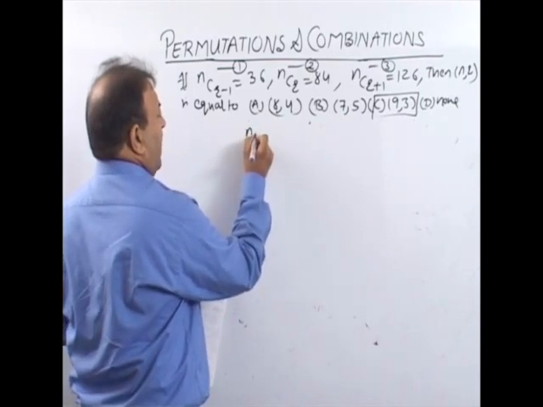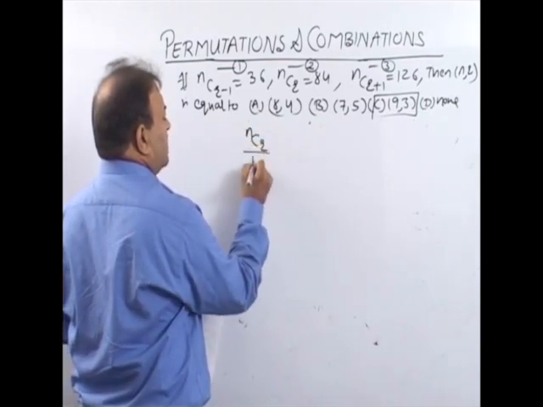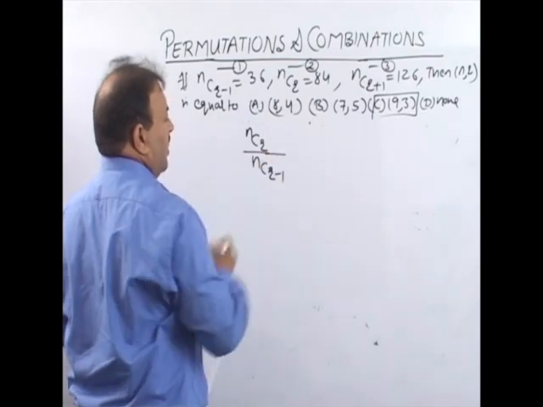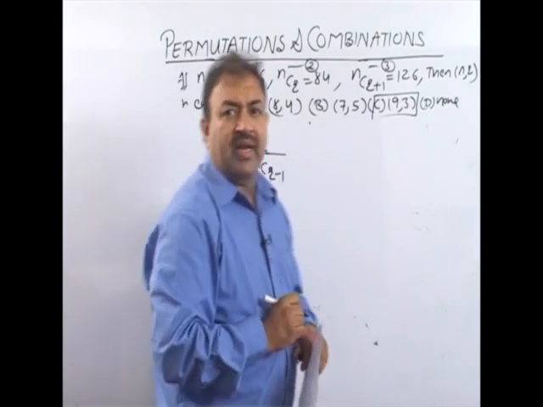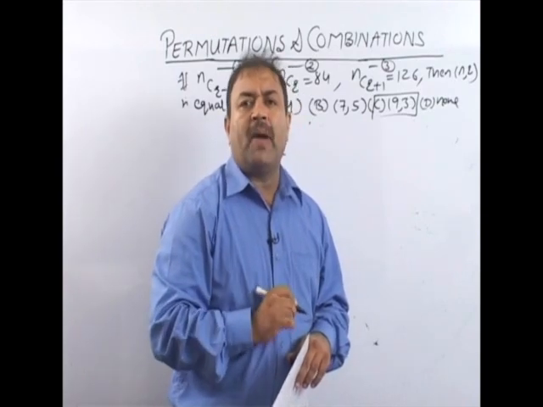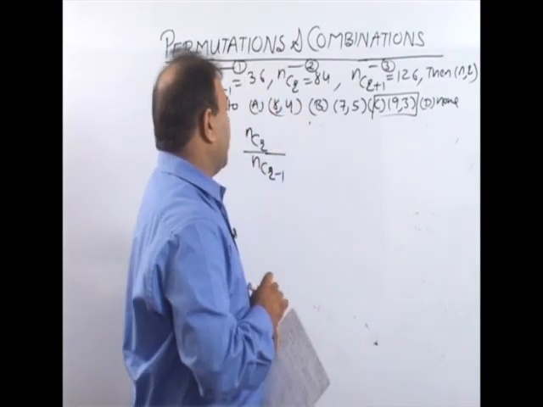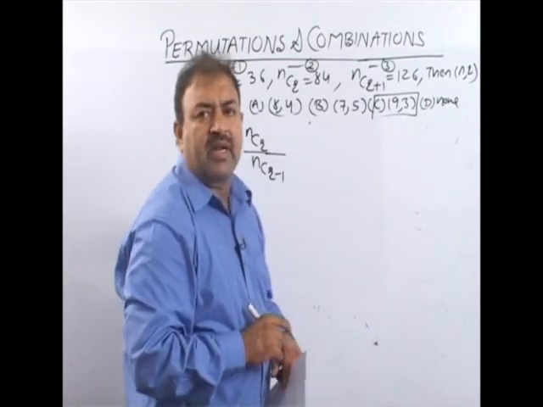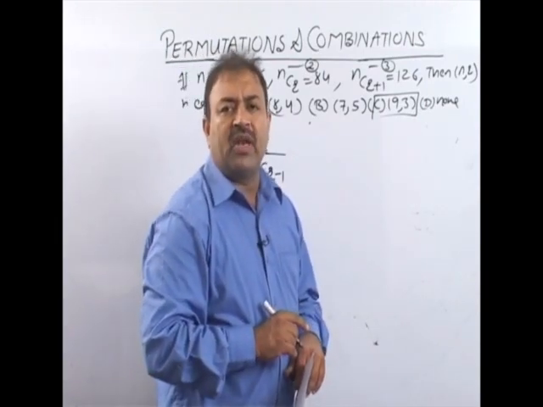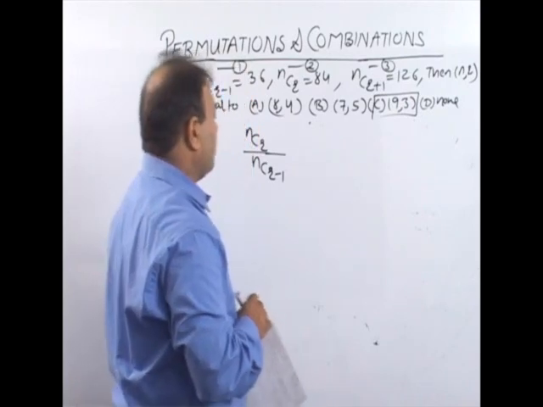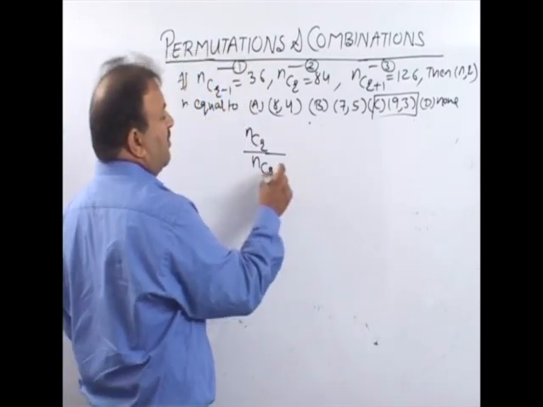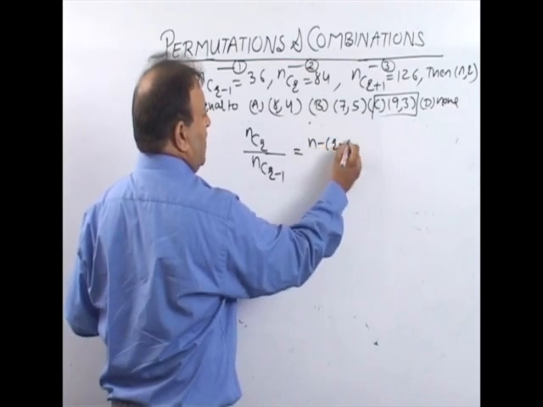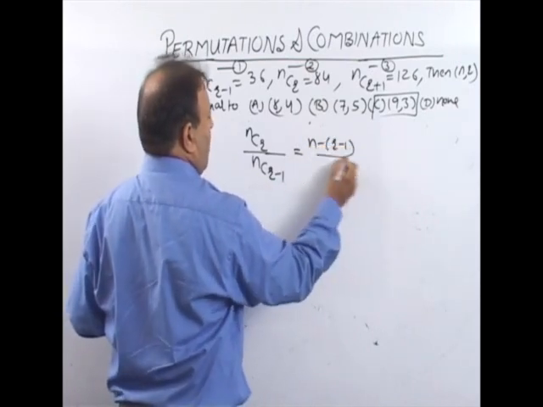In case nCr over nC r minus 1. इस केस में एक बात का ध्यान रखना है कि जब भी जो बाइनोमियल कोफिशिएंट्स को हम डिवाइड करेंगे तो बाइनोमियल कोफिशिएंट में ग्रेटर वाला होगा उसे हमने रखना ऊपर और डिनोमिनेटर वाले को जो छोटा है उसे रखना नीचे. इसका डायरेक्ट रिजल्ट हमें याद रखना है, दैट इज़ n minus r plus 1 upon r.